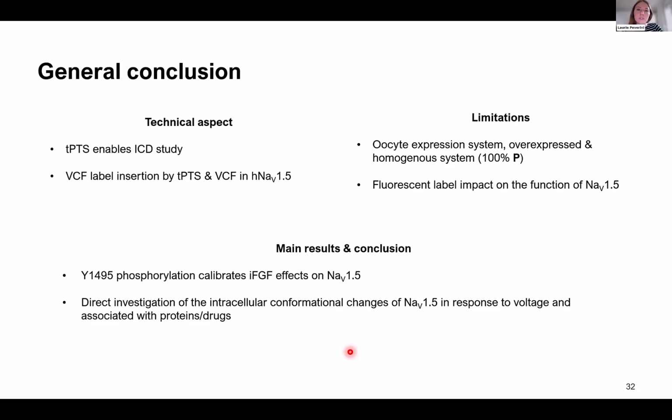If you don't have it in your sequence, either you screen your sequence and select the part where there is this type of residue, or you mutate residues in order to have an efficient splicing reaction. And then what is important also is to find a couple of asymmetric inteins.